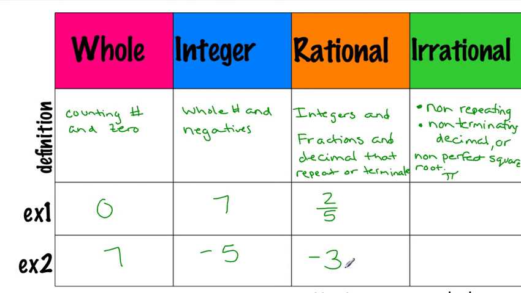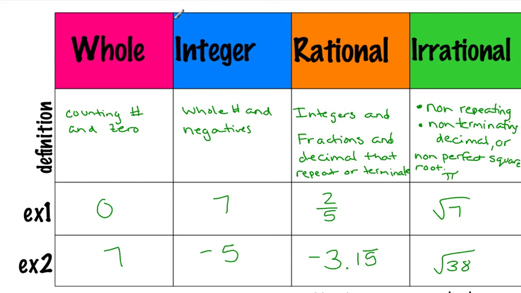But I could spice this up to say 3.15 repeating. An example of an irrational number could be the square root of 7. It's not a perfect square. And the square root of 38, which is also not a perfect square.